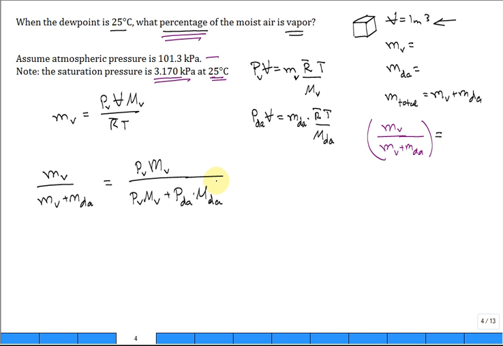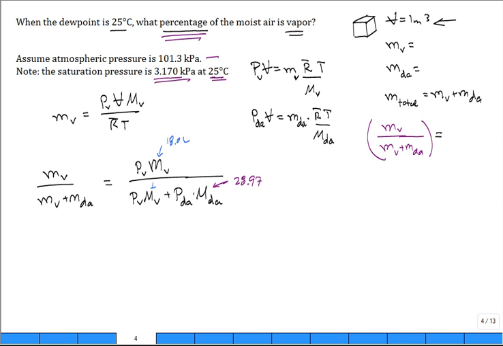Did I do the algebra correctly? Thumbs up, you agree? Right? Okay. So what are the molar masses? Those are easy. That's 18.02, and the molar mass of the dry air, 28.97, both in units of kilogram per kilomole.